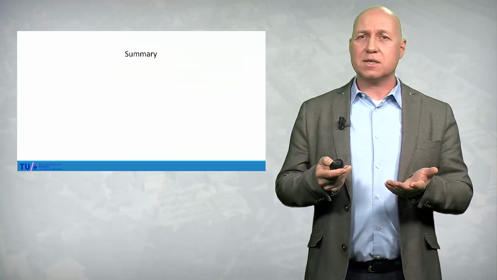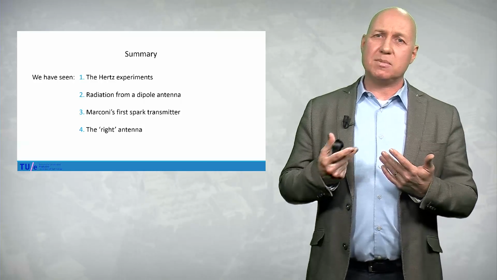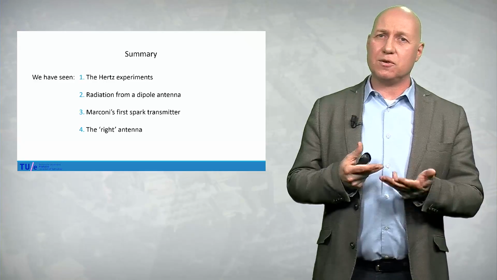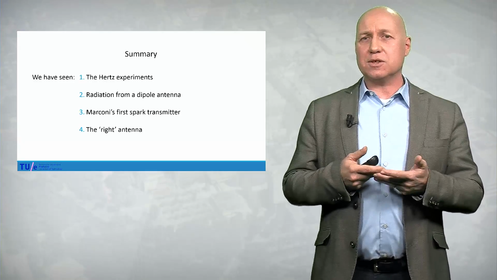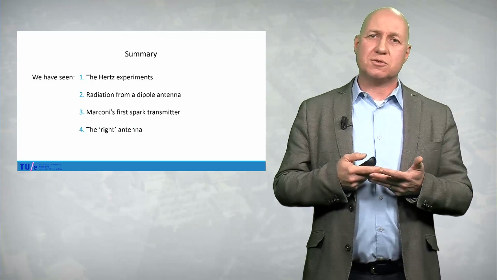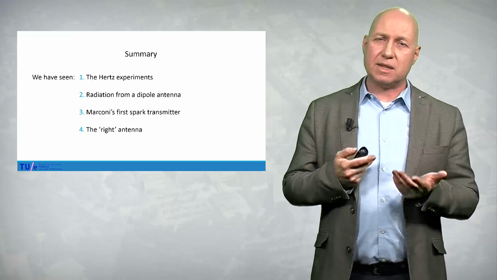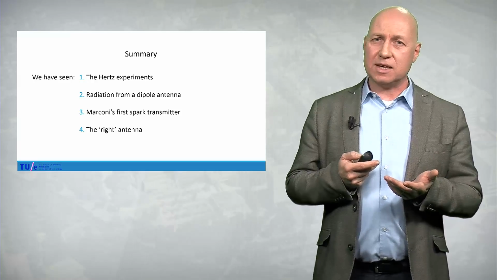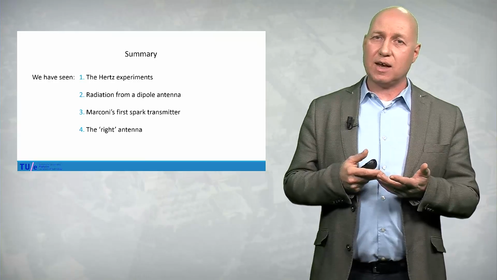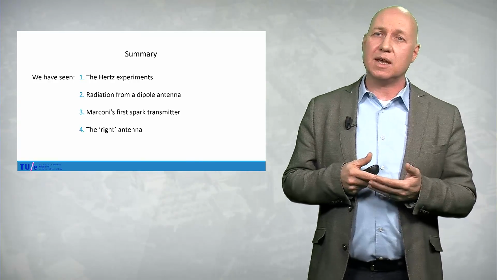So, to summarize, we have seen that Hertz, by experimentally verifying the theoretical work of Maxwell, made the first radio. He understood completely how a dipole antenna worked. Marconi was the first to see the commercial potential, and he found that his success depended on finding the right antenna. So this is the starting point of antenna theory, and more subjects related to this will be shown in new web lectures, which I hope you will attend.